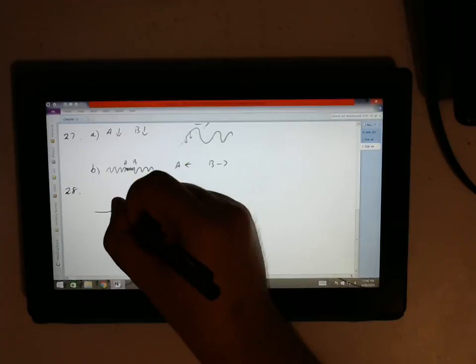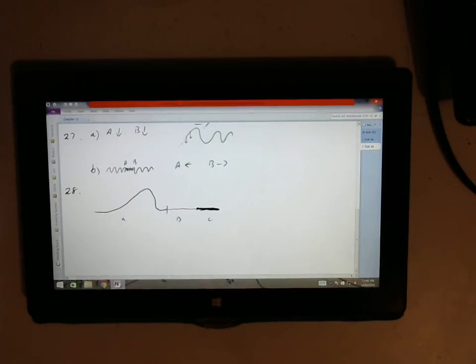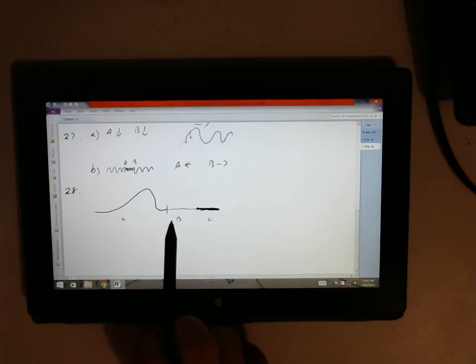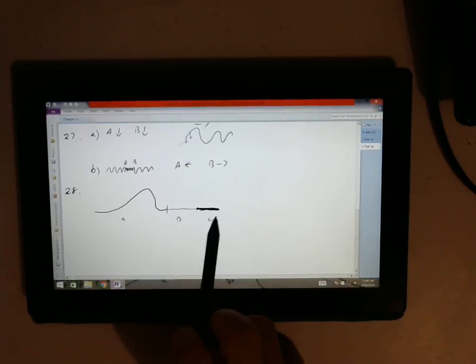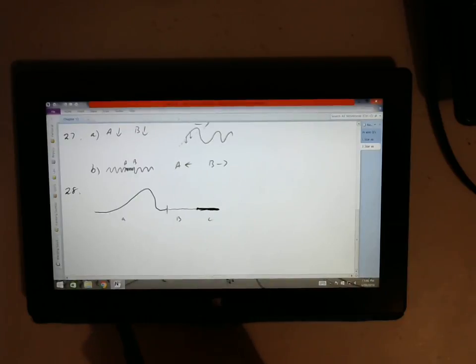So this is section A, section B, section C. Now, it's very tempting with things like this to go, oh, well, this is drawn heavier than this, so this must be more dense than this, and this is drawn heavier than that, so C must be more dense than B and A. Now, we don't know.